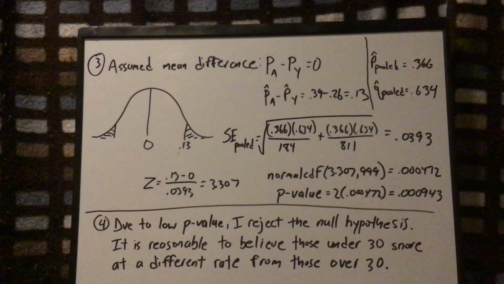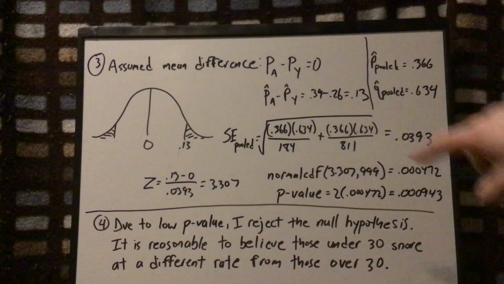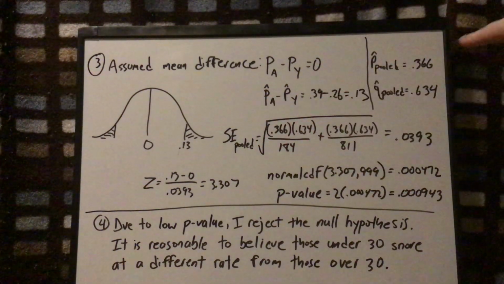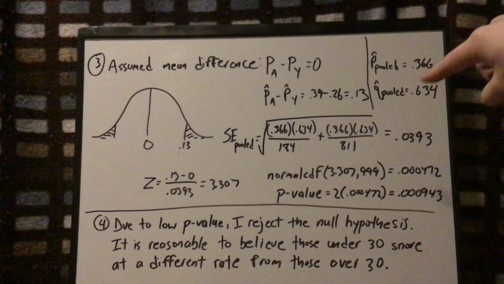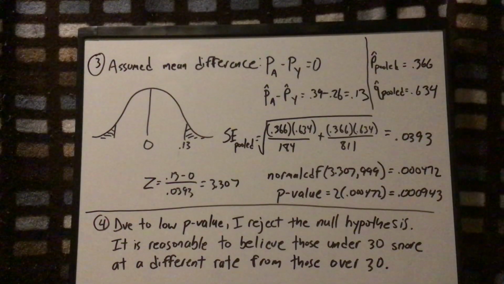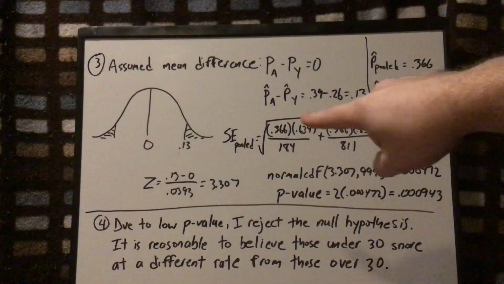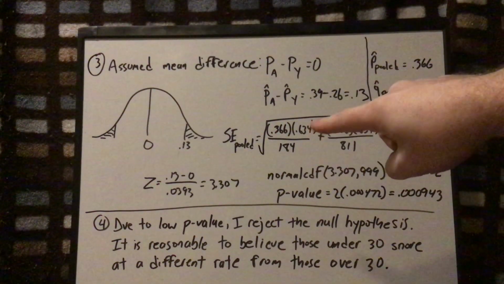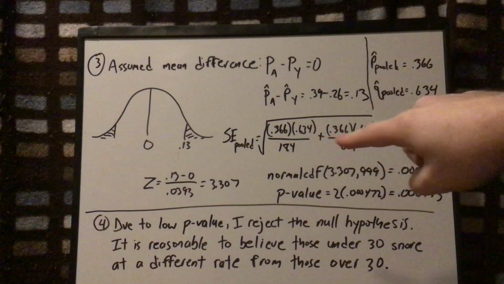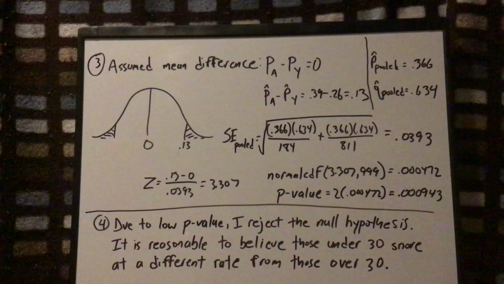Now, the only way to know how far out 13 is, I need standard error. The standard error is that formula I gave you at the end. So you need to use the standard error pooled. So you have to use these pooled numbers instead of the p hat A and p hat Y numbers. So notice I used p hat pooled and q hat pooled in both slots. I still retained the N1 and N2 numbers.